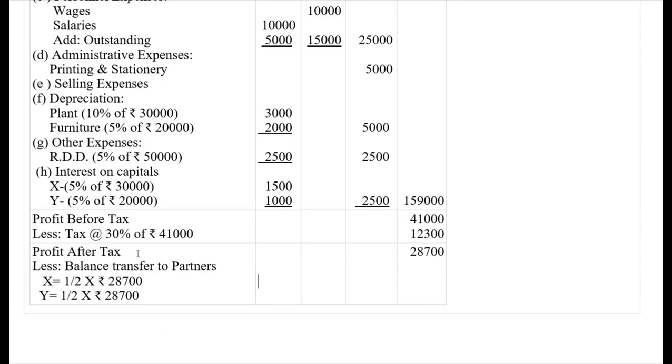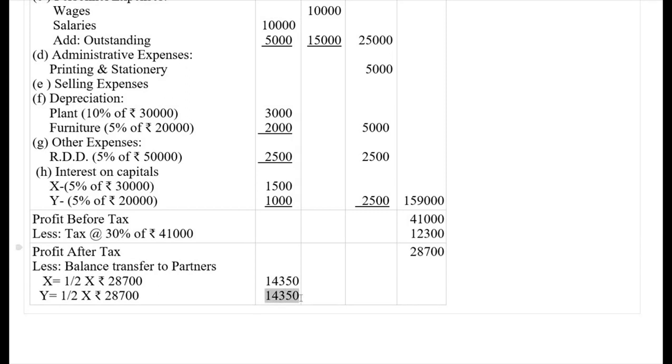So X's share of profit will be 14,350. So here also 14,350.